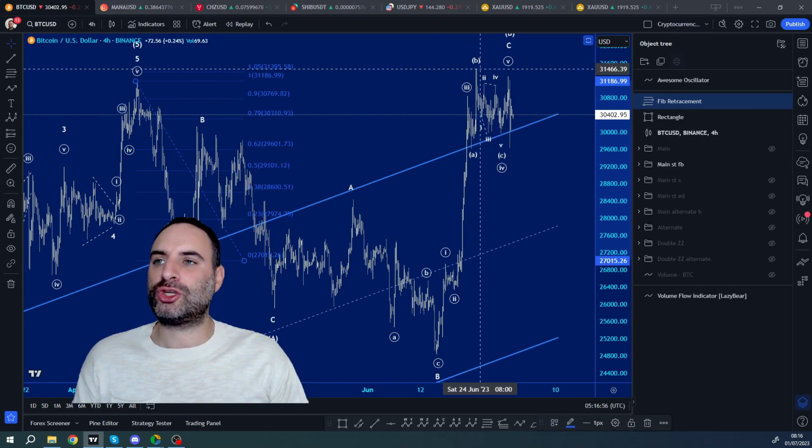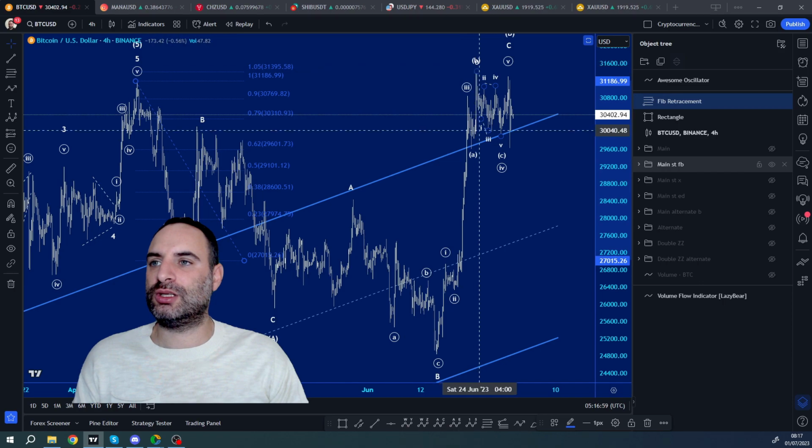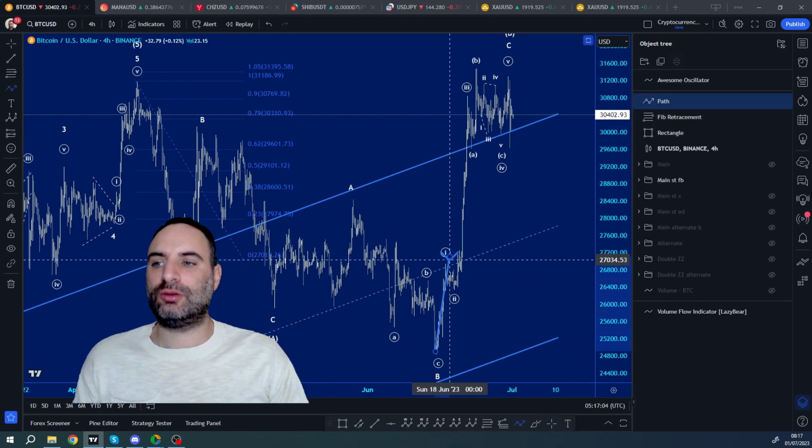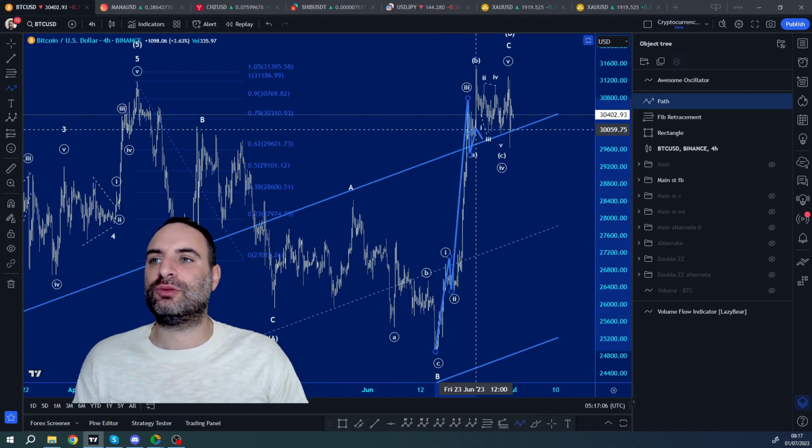have a question open on whether this could be considered the end, and it could be the case because we might be able to see this as 1, 2, 3, 4, and 5.